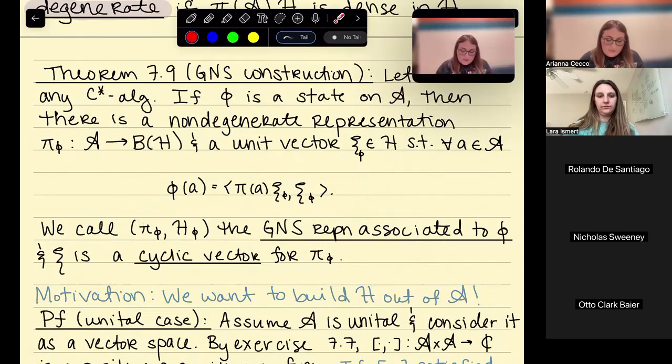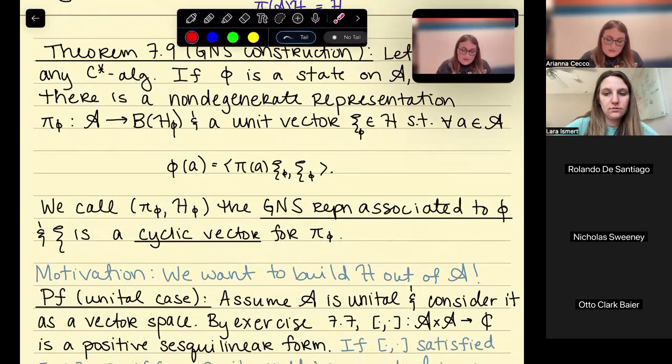We call this the GNS representation associated to phi, and psi sub phi is a cyclic vector for the representation.